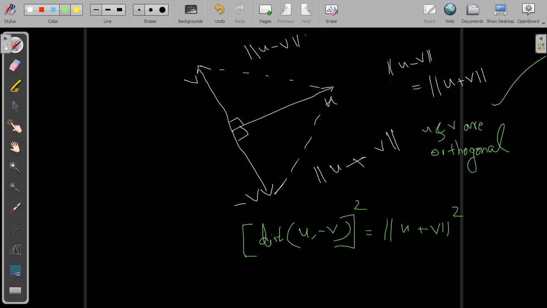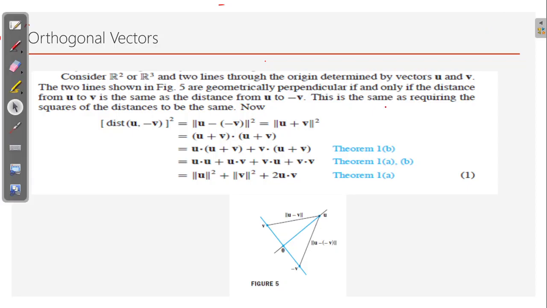Norm u plus v whole square: we can say u plus v is some w. So norm w square means w inner product w. So here we will get u plus v inner product u plus v. This is our norm u plus v whole square.